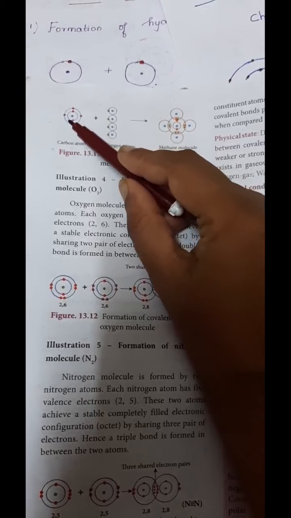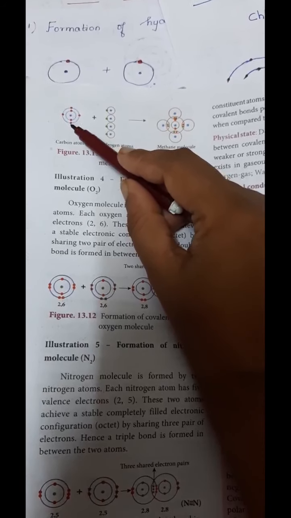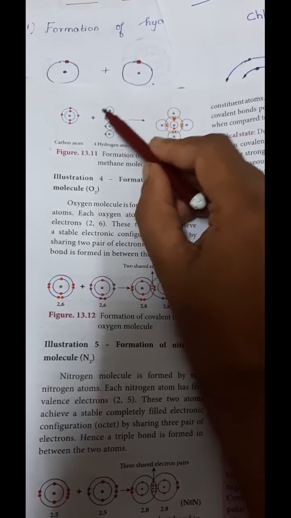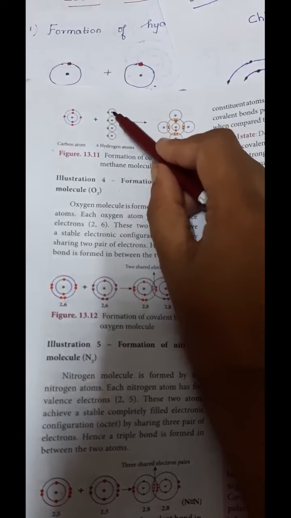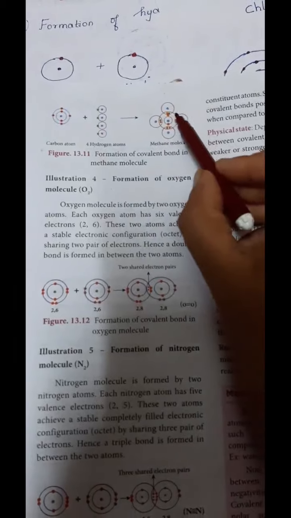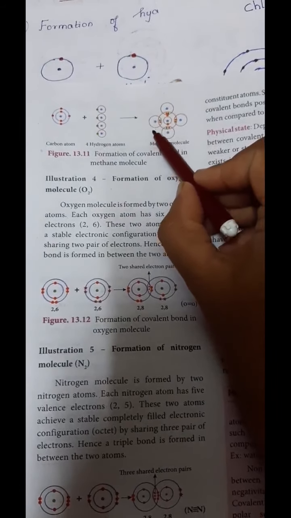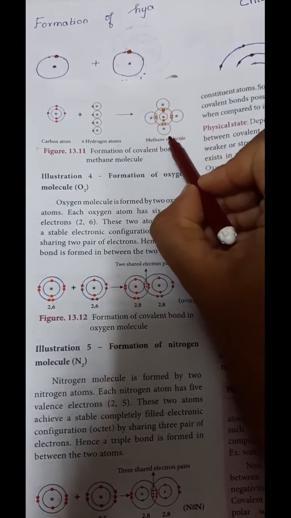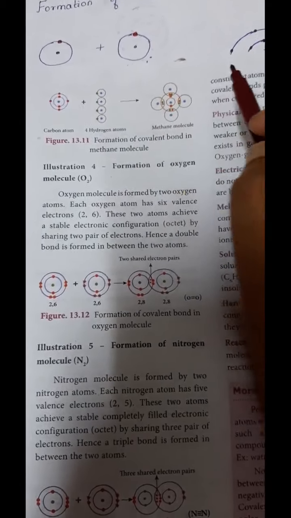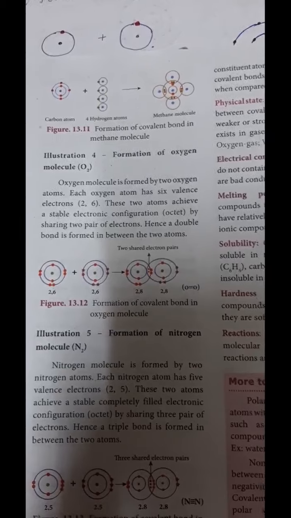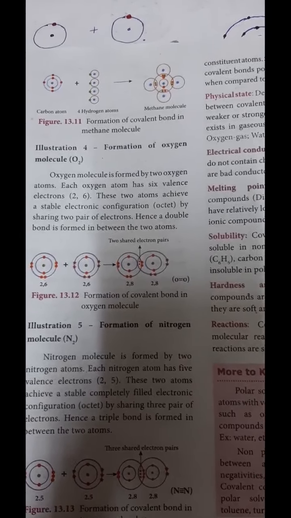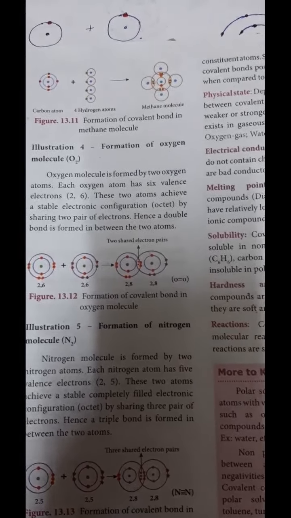These 4 valence electrons will be shared with 4 hydrogen atoms. 1, 2, 3, 4. So of the 4 hydrogen atoms, one hydrogen atom comes here on top, the next hydrogen atom comes here, the next hydrogen atom comes here. So this is the formation of methane molecule. This is the formation of what? Methane molecule. Shall we see the formation of oxygen molecule?